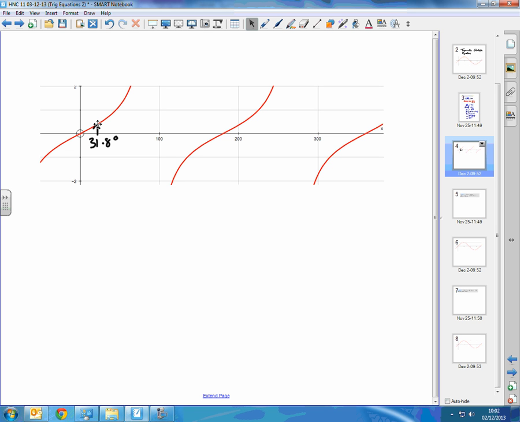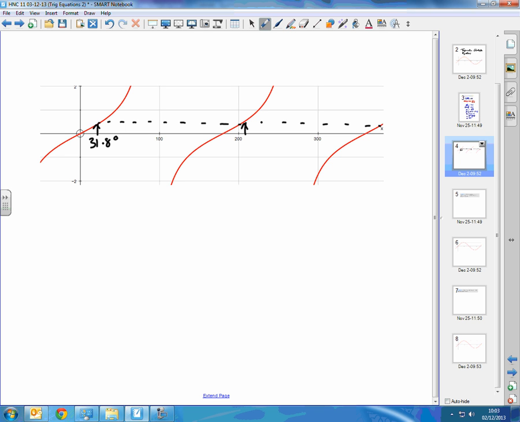So the tangent of 31.8 degrees is 0.62, and so if I went across to here, I'd get 0.62. But that's not the only angle whose tangent is 0.62. If we look here, there's another one here, and there's another one here, and so on. But we're only interested in the values between 0 and 360 degrees. So we're actually interested only in this value here, because this next one is actually beyond 360 degrees.